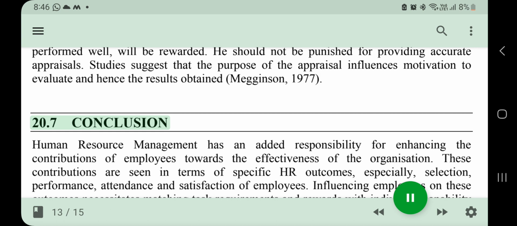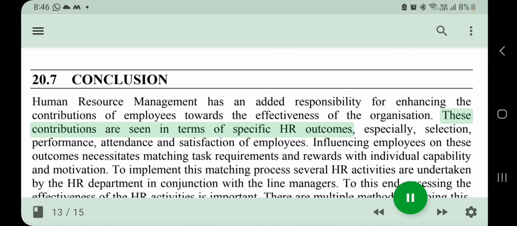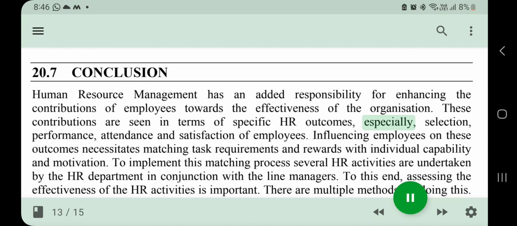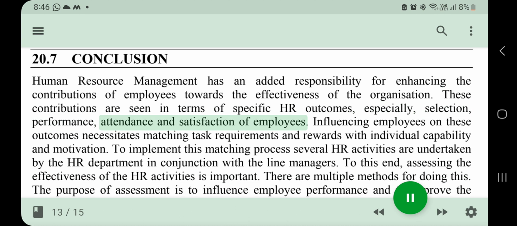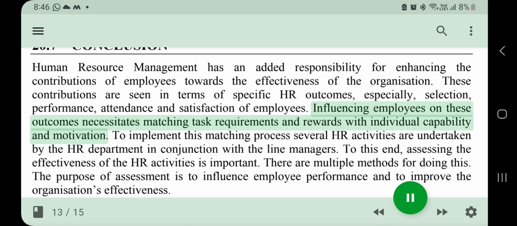Human resource management has an added responsibility for enhancing the contributions of employees towards the effectiveness of the organization. These contributions are seen in terms of specific HR outcomes, especially selection, performance, attendance and satisfaction of employees. Influencing employees on these outcomes necessitates matching task requirements and rewards with individual capability and motivation.